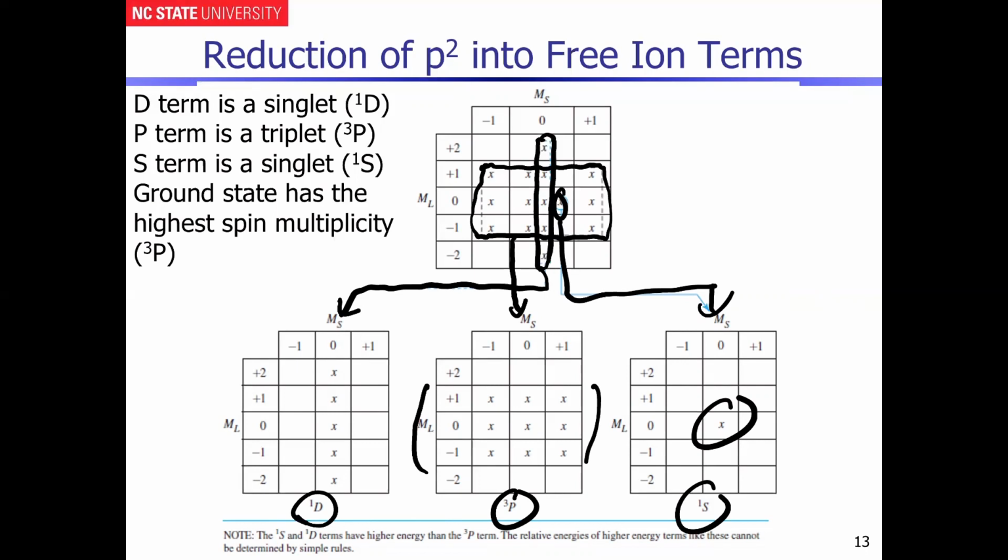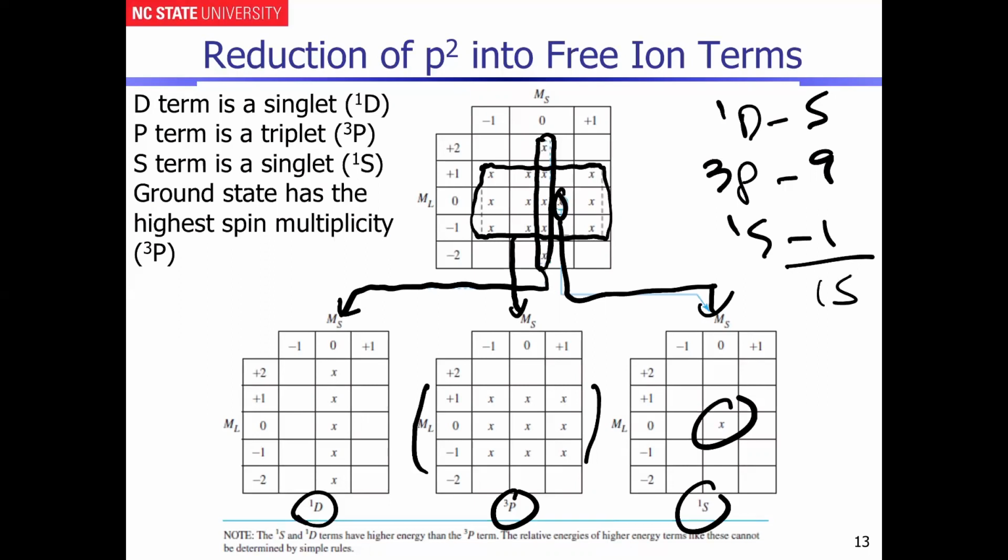And then you can see what will happen. So these are 15 microstates. The singlet D has 5 microstates. The triplet P has 9 microstates, and the singlet S has 1 microstate. Adding them all up together, you get 15.